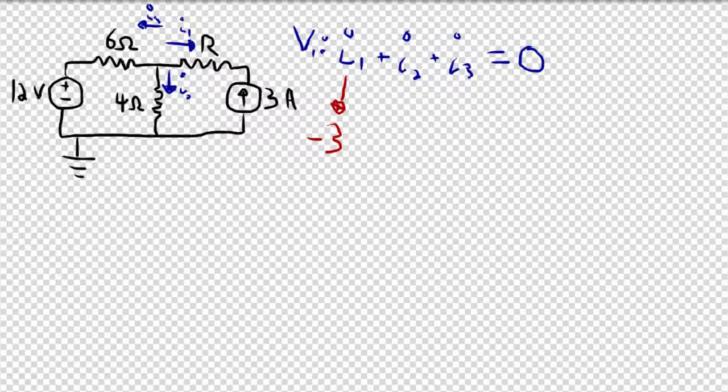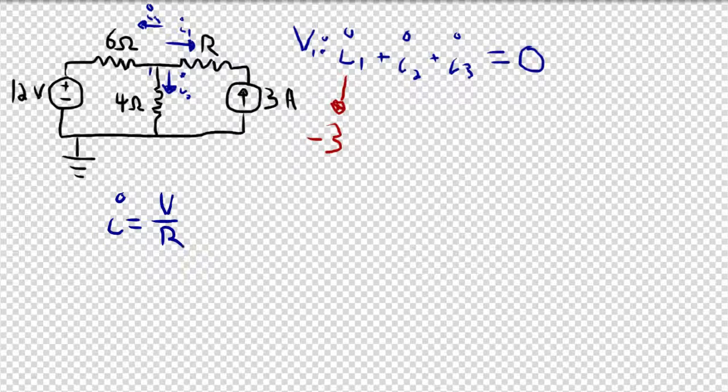Hooray! Now, I2 is a little bit more complicated, but still not so bad. If you remember, the current through any conductor is equal to the voltage across that conductor over the resistance of that conductor. So all we have to do is find the voltage across a branch and the total resistance of that branch.